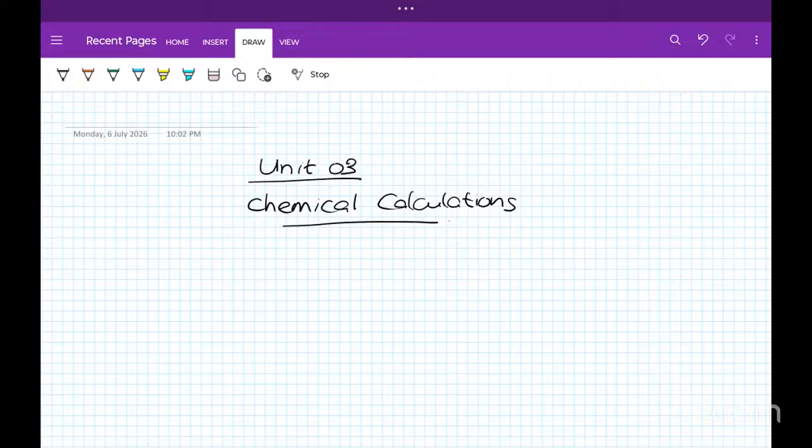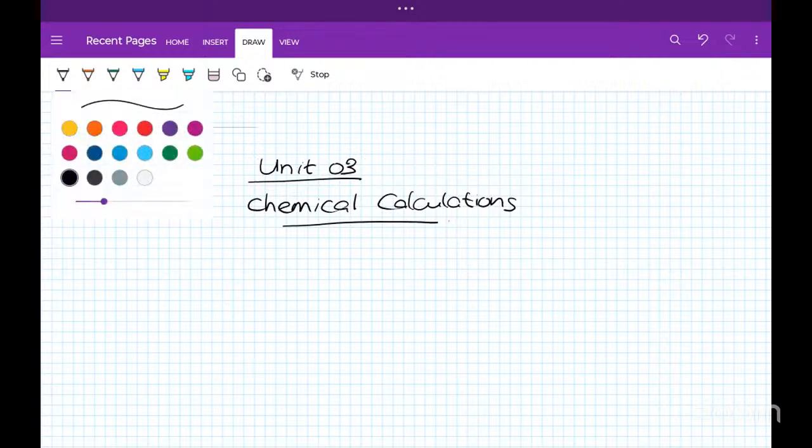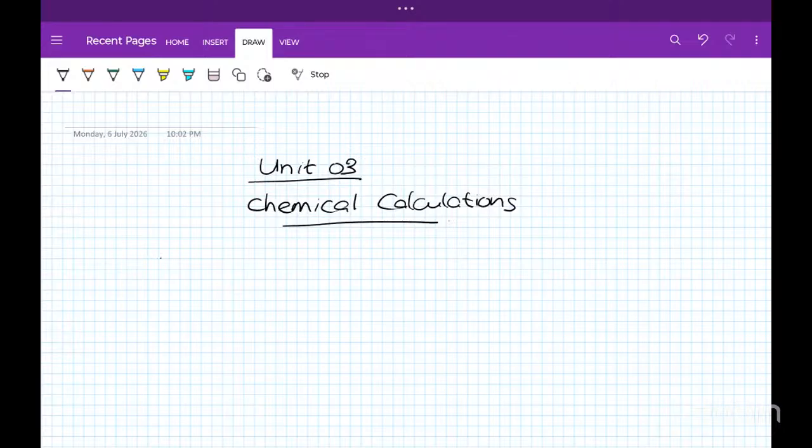Sorry for that. So to start with chemical calculations, we need to know the concept of atomic mass unit. Now let's try to understand what an atomic mass unit is.